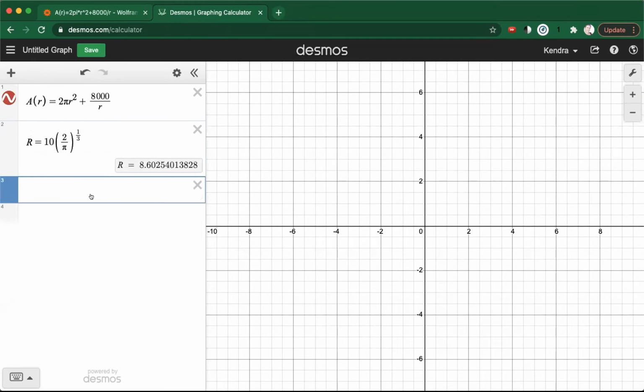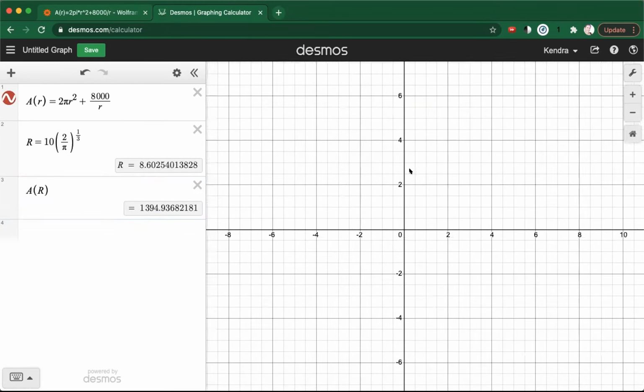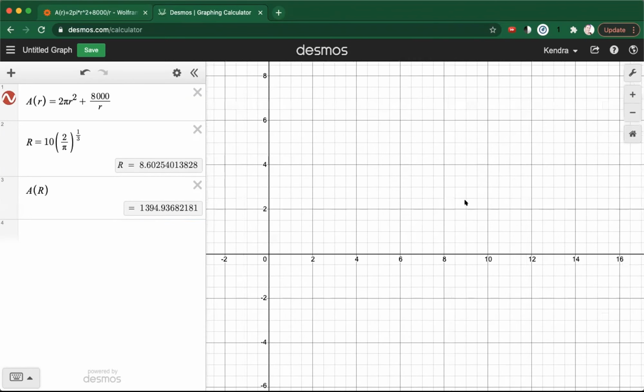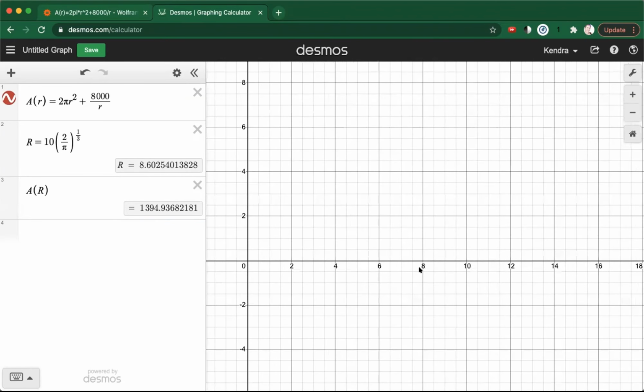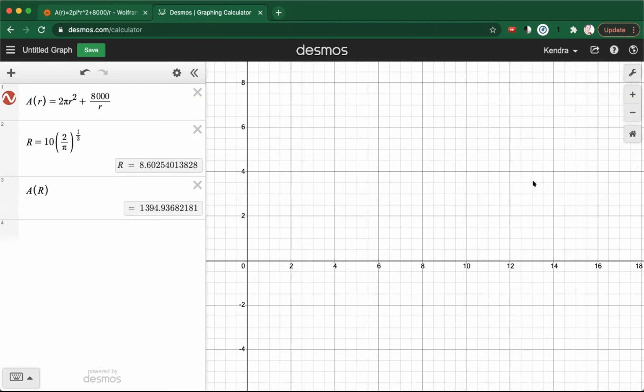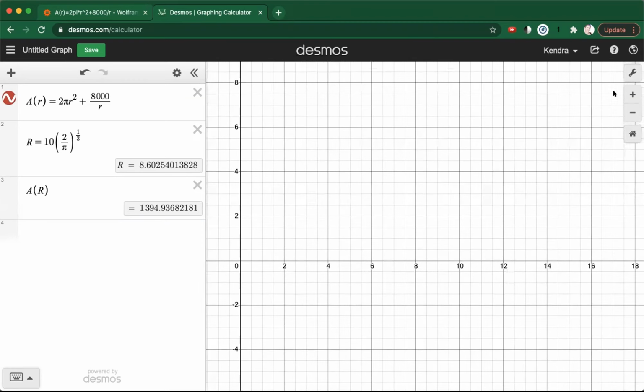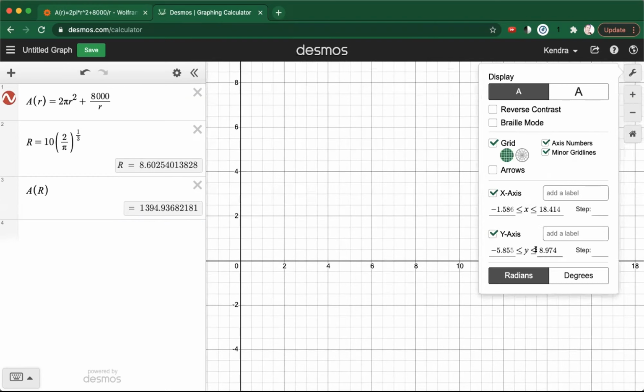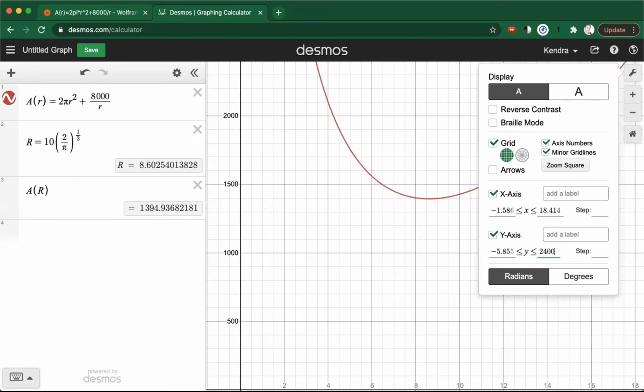So I want to know what is A of that number. If the minimum is around 1400, that tells me why I'm not seeing this graph on the screen. So I'm just going to change the y coordinates of my viewing window. If this is the minimum at 1400, I'm going to see what happens if I go up to 2400.